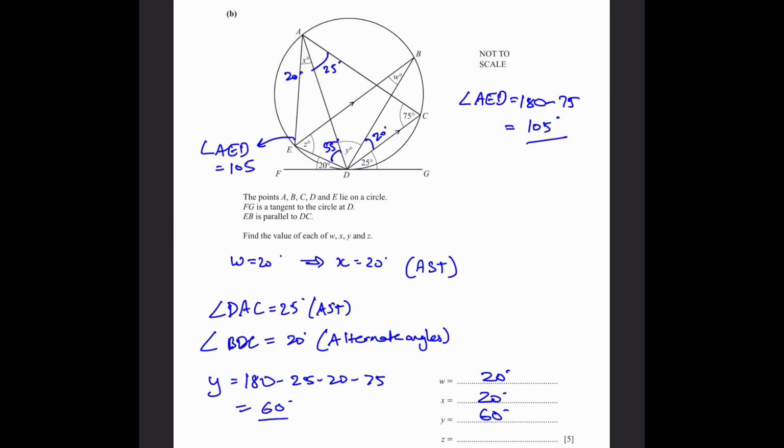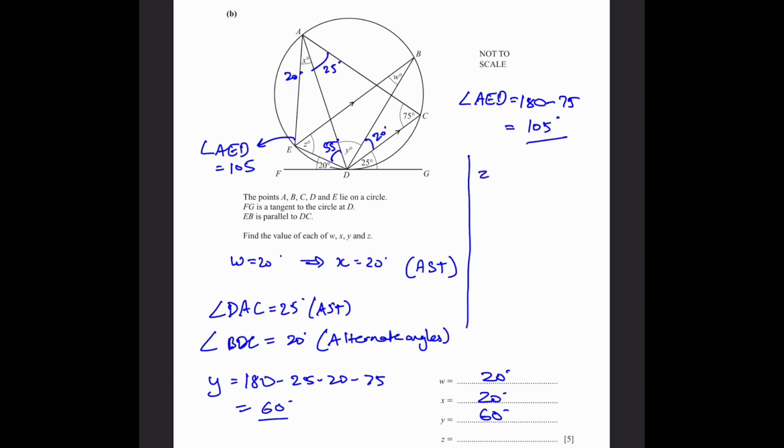The reason why this is very helpful is because now you have a triangle BED. And we know our Y angle, we know our W angle, we know that there's 55 degrees from what I showed right there. So using the sum of angles in a triangle, we can get Z.